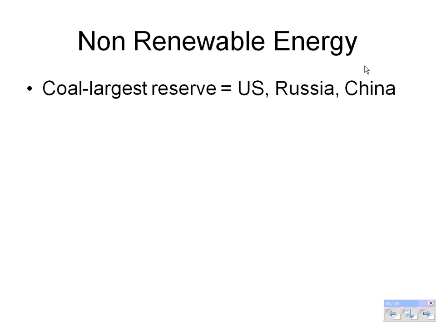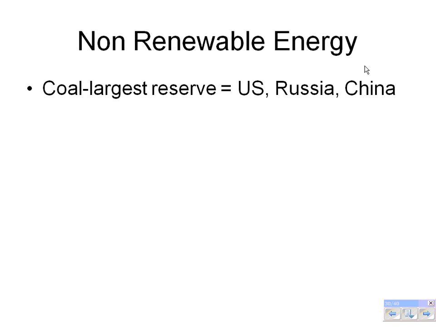How is coal formed? Remember, 300 million years ago, we had swamps and marshes filled with plant matter. That plant matter and debris was covered by soil. Heat and pressure from within the earth converted that plant material into our coal.